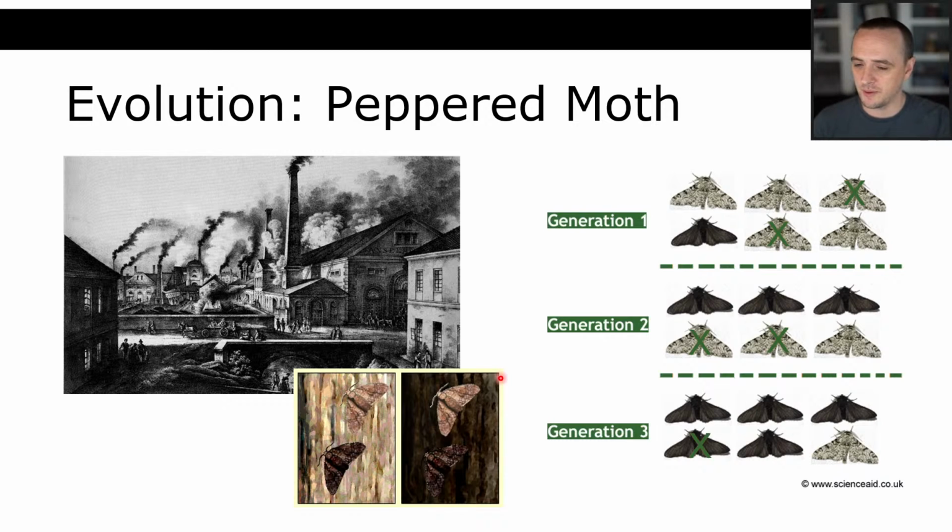So over time, because the dark ones were now better suited for that environment, they were the ones that were surviving. And so over time, like within a human's lifetime, you saw these peppered moths go from a light colored species to a dark colored species through the process of evolution and being suited for their environment.